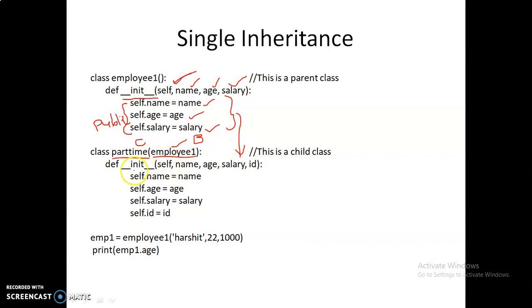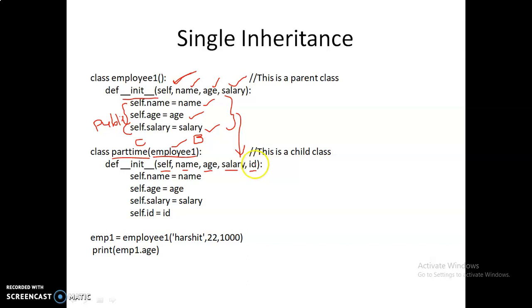So these three variables we can use within the PartTime class also. Here we are also creating another constructor for this PartTime class, the init constructor, with self as the default parameter and name, age and salary as parameters. One more parameter we are using here is id, like a serial number, roll number or employee ID.